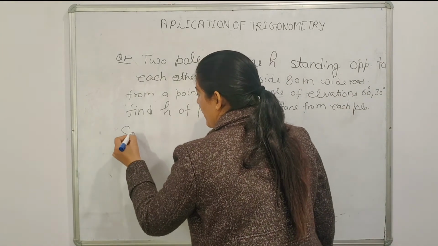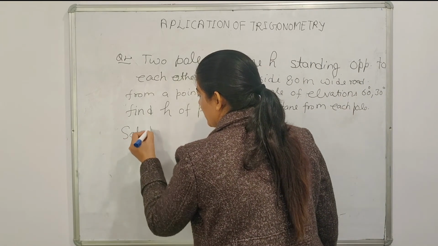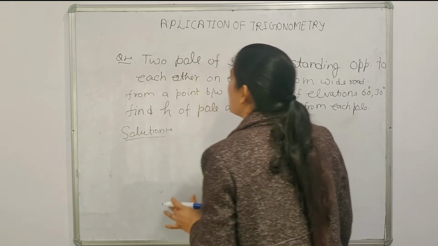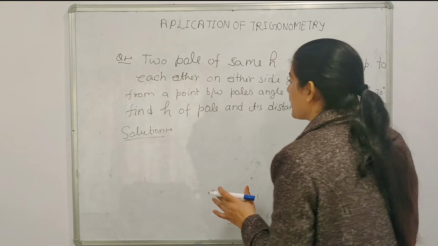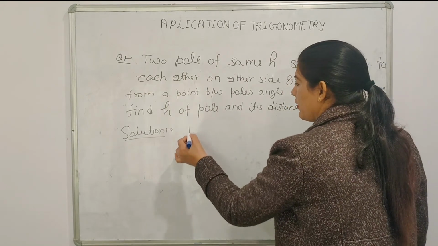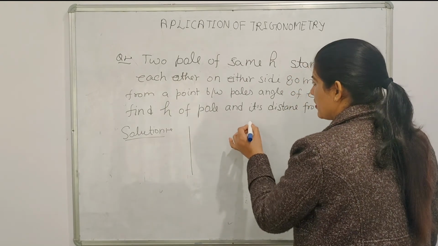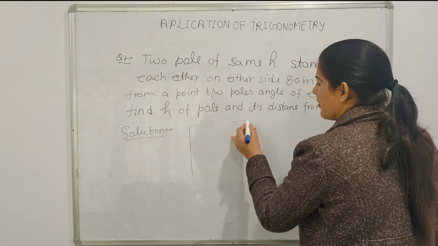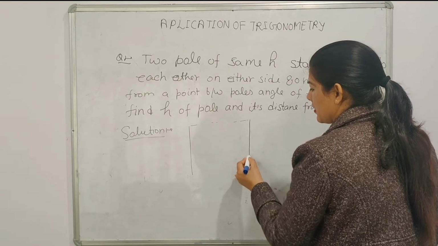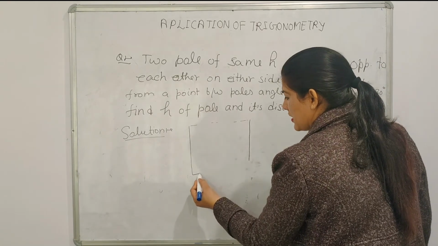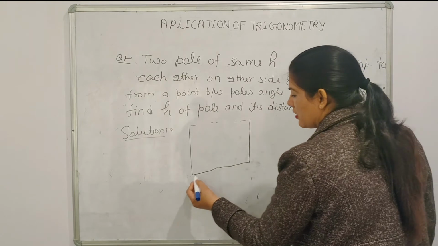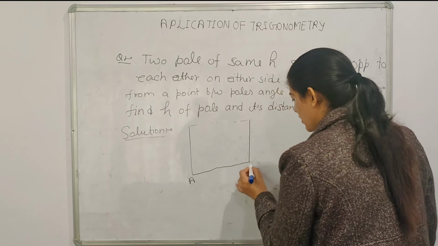So the solution is, first make the diagram here. We have to consider two poles of same height. They are standing on either side of the road AB.